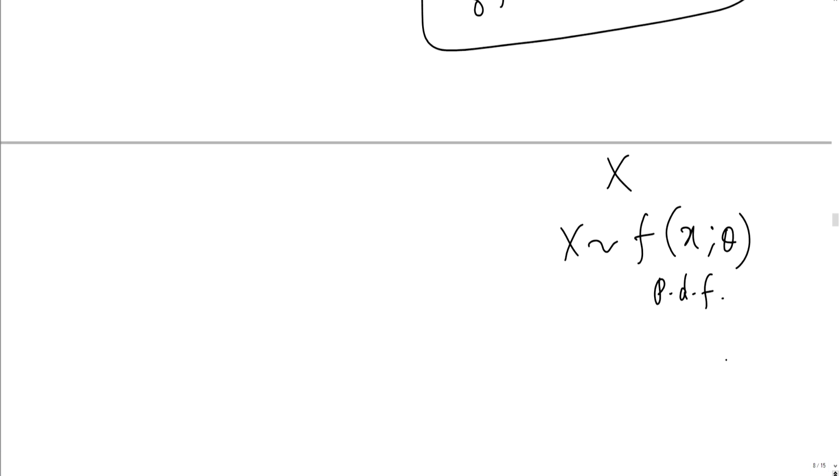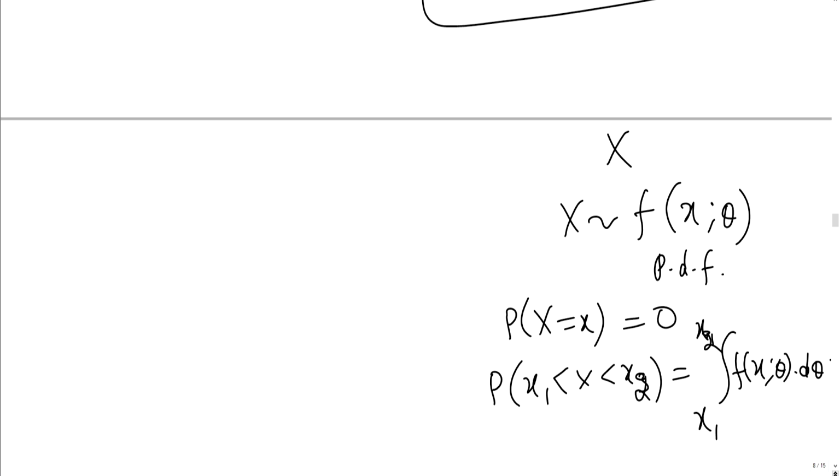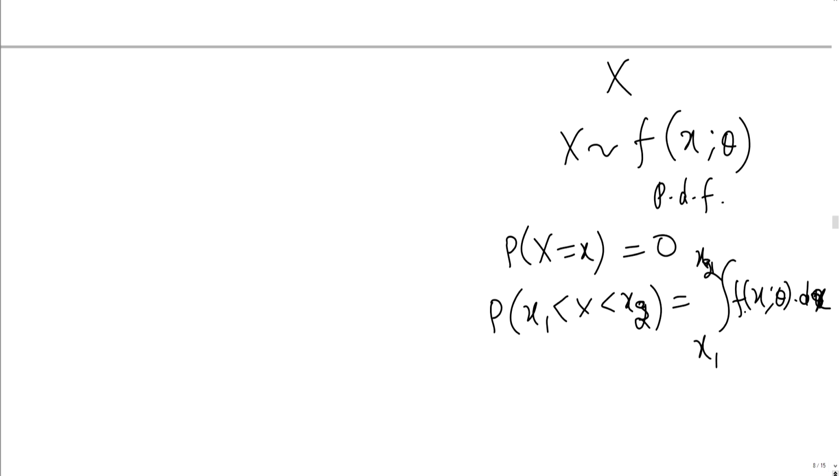Now, the probability of any point value of x would be 0, which we have derived, and the probability of observing an outcome between x1 and x2 would be given by the area under this probability density curve, with respect to the parameter theta or with respect to x. So, this is how we can work with continuous random variables.